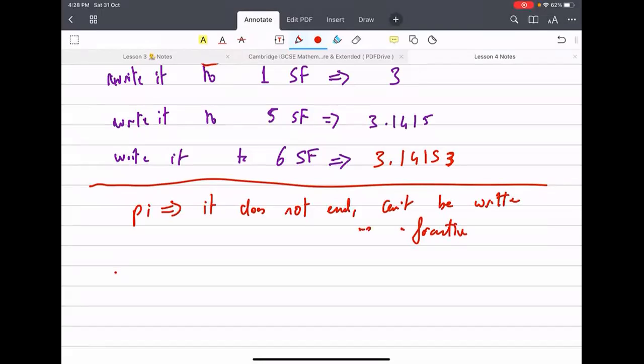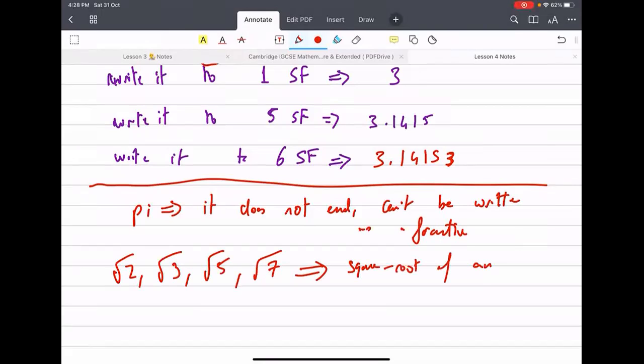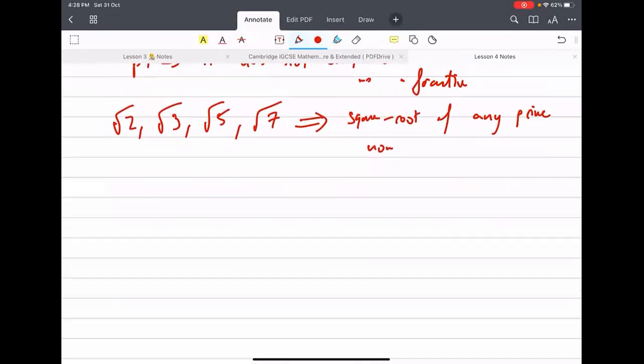Square root of 2, square root of 3, square root of 5, square root of any prime number. They're well known. The numbers that cannot be written as decimals or fractions are well known. For example, pi. There is another one called phi.